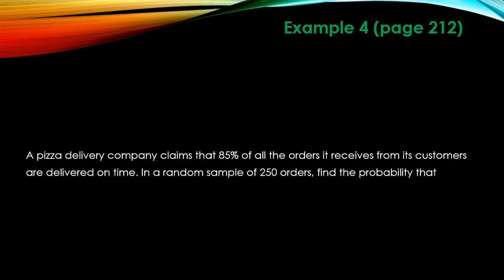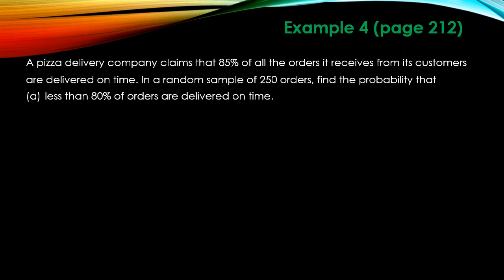Okay, next example 4. A pizza delivery company claimed that 85% of all the orders it received from its customers are delivered on time. In a random sample of 250 orders, find the probability that, a, less than 80% of orders are delivered on time.